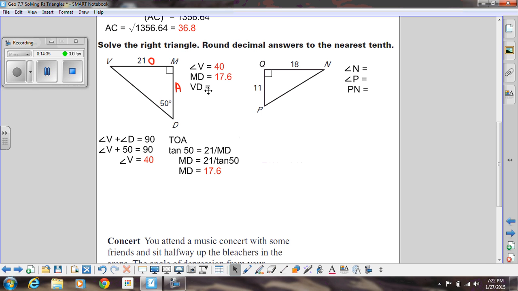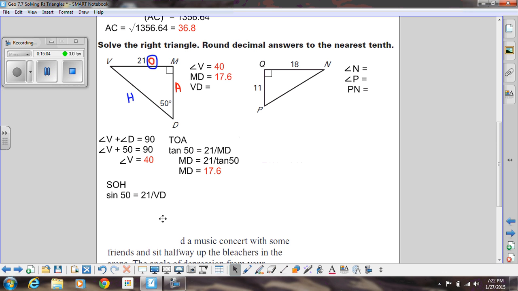So we just have one more step. That's VD. So VD is this side, which is the hypotenuse. So I still am going to use the opposite side that they gave me, but I'm using the hypotenuse. So that's O and H. That means SOH. So I'm going to use SOH, which means I'm using sine of 50 and that's equal to 21 divided by VD.